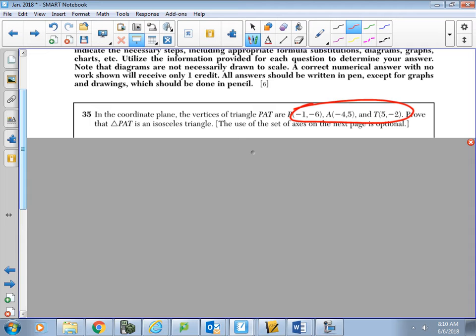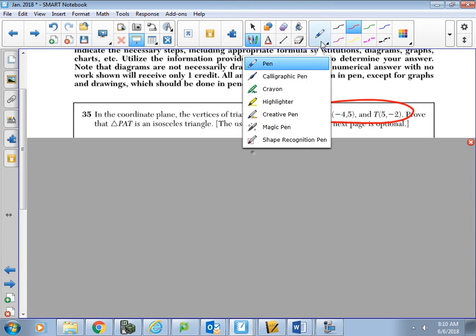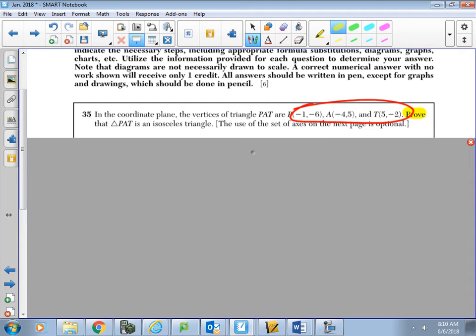Now, what I want to talk about here is it's asking you to prove that triangle PAT is isosceles. It's not asking you whether it is isosceles, because they could ask you a question like that. They could ask you to show whether or not it is, and in that case, you say whether it is or not.